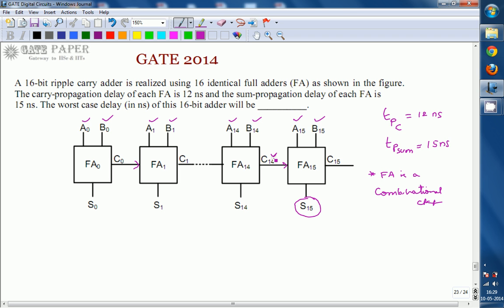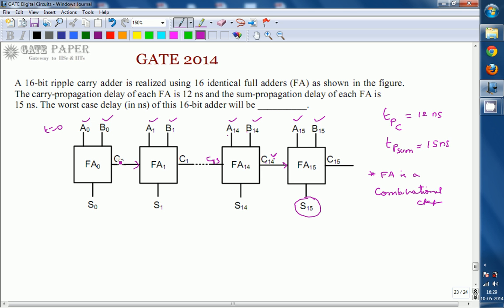When will C14 be ready? C14 will be ready whenever A14, B14 and C13 are ready. So the carry has to be readily available. Let us assume you are applying the inputs at t equal to 0.